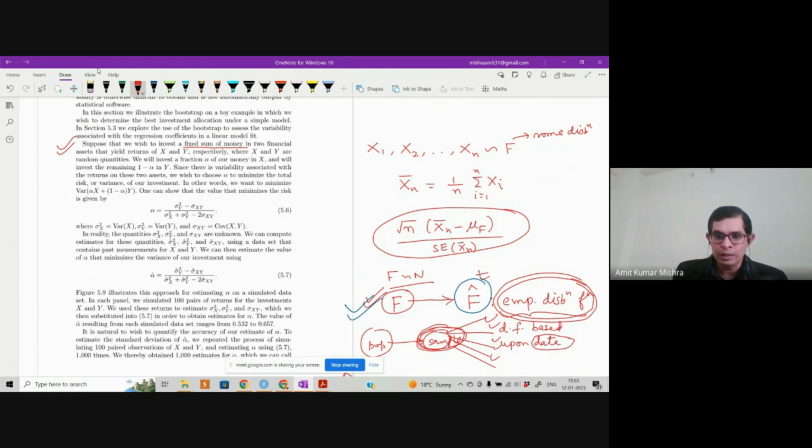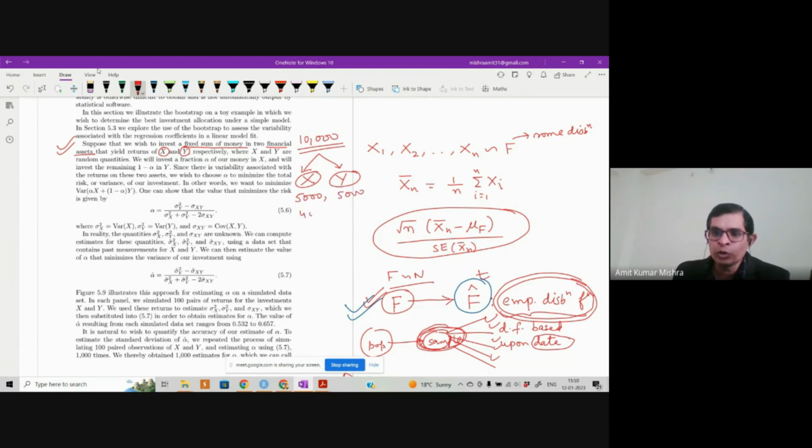For example, monthly you want to invest 10,000 rupees in two financial assets, and their returns are X and Y. Of course, returns will be random. Now the question arises how to distribute this 10,000 amount into X and Y. That means how much amount I should invest in portfolio X, and how much in Y. One may say 5,000 here and 5,000 here.